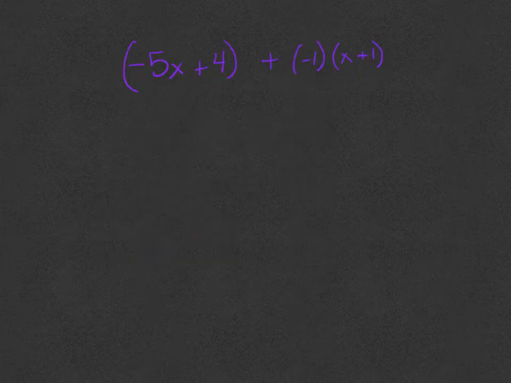Here's our next one. This is one that is a little bit more difficult. So the first thing that I'm going to do is it has a negative 1 out in front. So that means I have to take the opposite. It's like subtracting here, right? I have to take the opposite of the x and the 1. So I'm going to go ahead and rewrite everything the same.